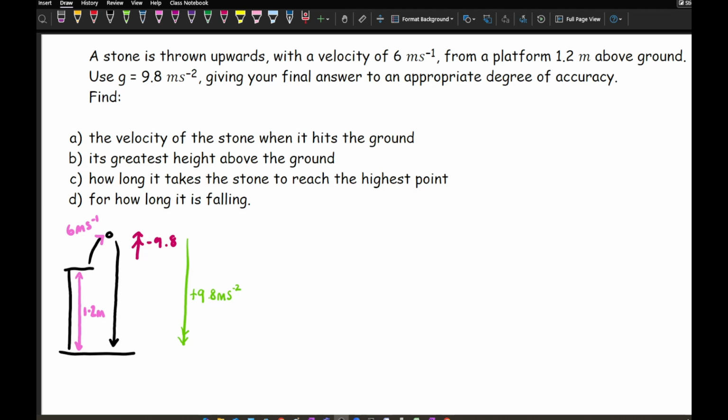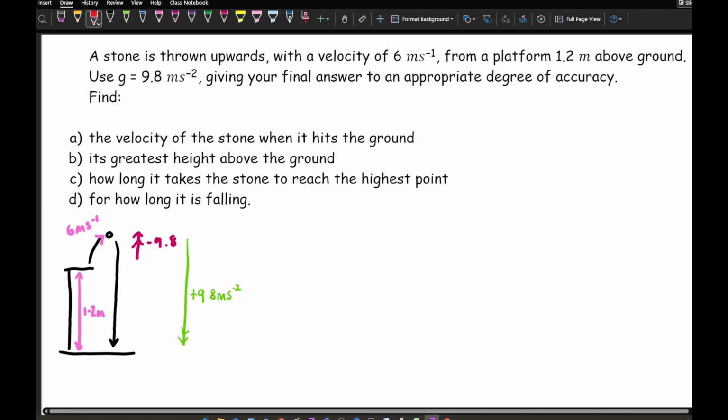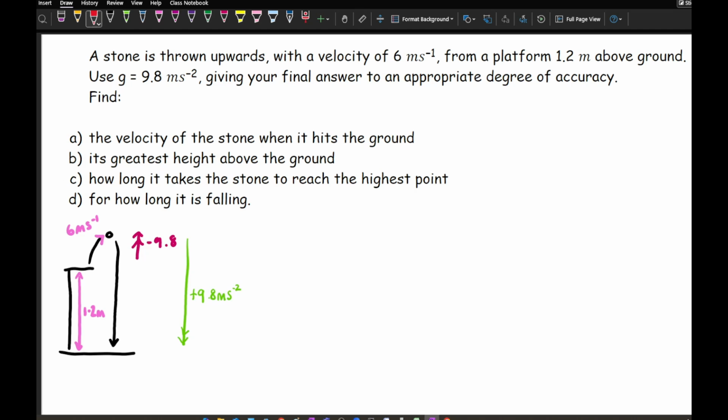Now for this particular question, we've got 2 separate parts. We've got one part where the stone is going up and then one where the stone is going down. So how I'm going to set this question up is, if I have the stone going up, I start by writing my SUVAT values, which I'm going to call stage 1.